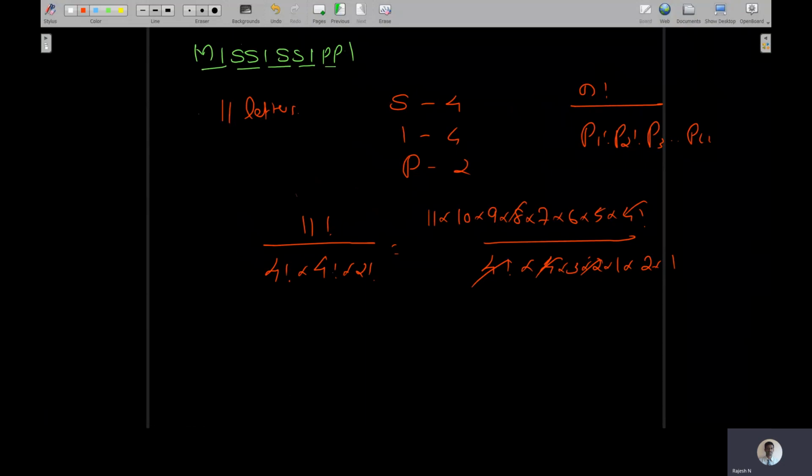Next 3 into 2, 6 also cancels. What is remaining? 11 into 10 into 63 into 5, that is 110 into 63 into 5, which is 34,650.